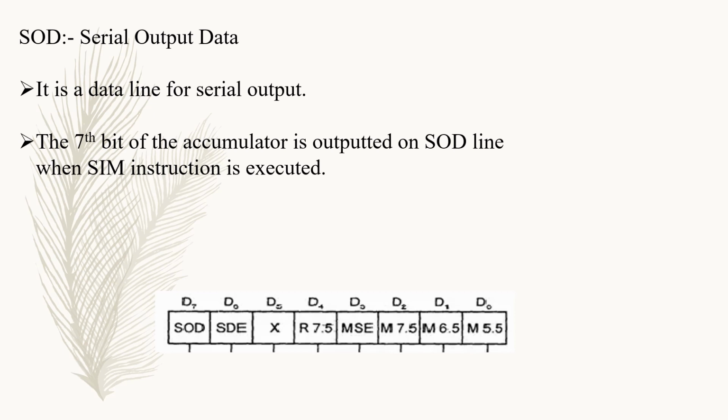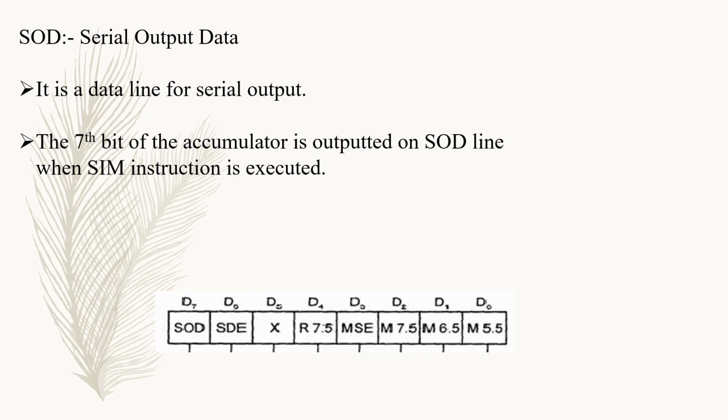In order to send the data as a serial output, the SIM instruction is executed and we make the seventh bit of the accumulator active. When the seventh bit of the accumulator is activated, the data is loaded into the seventh bit of the accumulator when the SIM instruction is executed to write on the SOD line. So when the RIM instruction is executed, the seventh bit of the accumulator is inputted on the SID line, where the data is read.